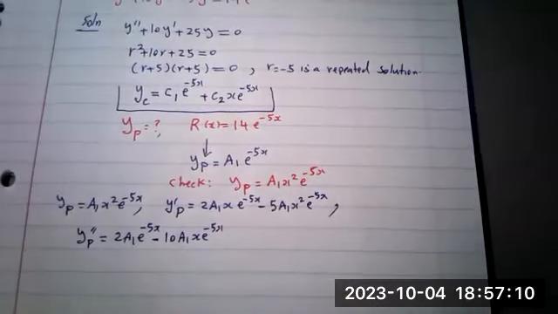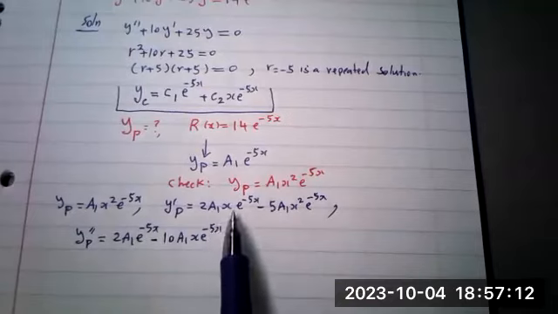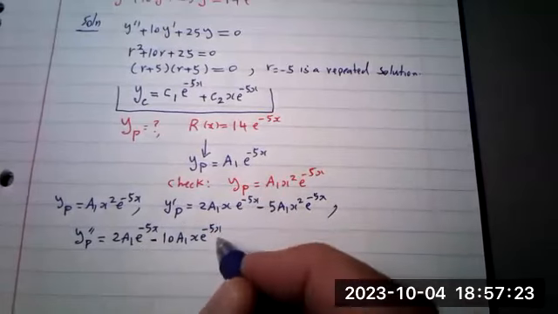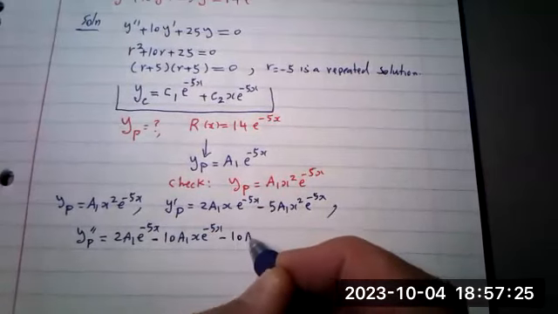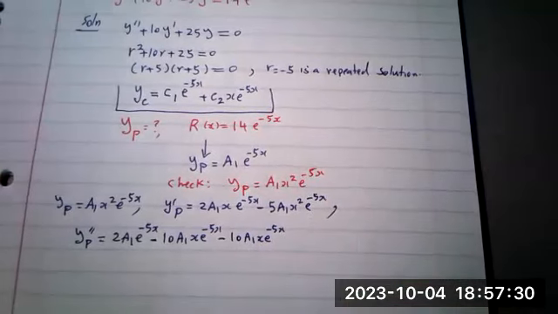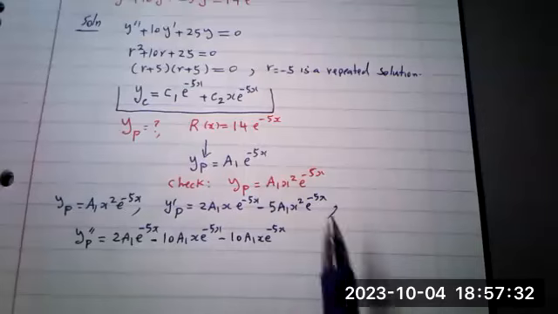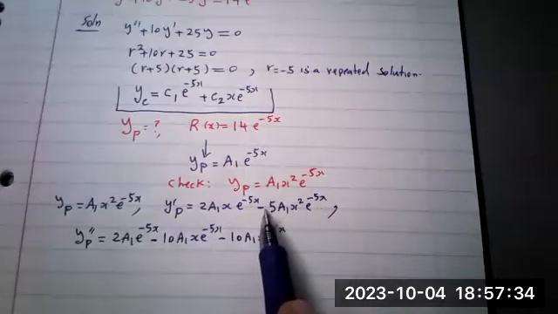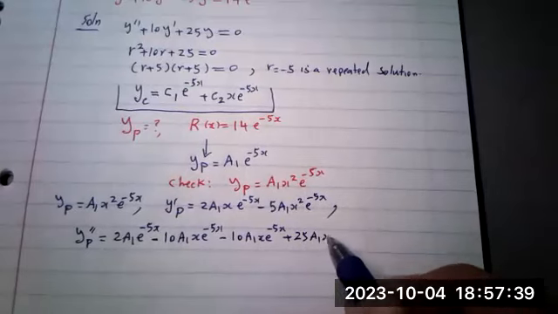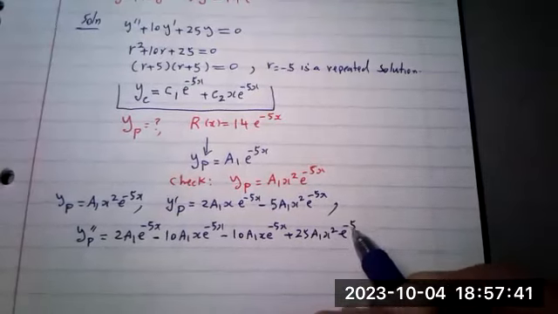So I just apply the product rule to the first term, of course. Derivative of the first times second, plus first times derivative of the second. Any question? Now we have to do the second one, the same thing. Derivative of x squared is 2x, 2 times 5, 10. So that gives you minus 10 a1 x e to the negative 5x. Plus the second times first: if you had another negative 5, negative 5 times negative 5 would be a positive 25 a1 x squared e to the negative 5x.